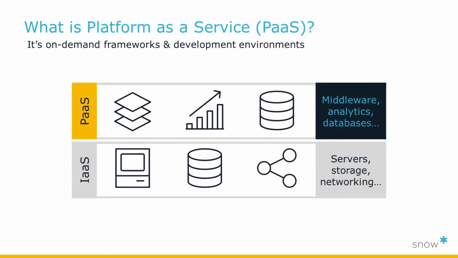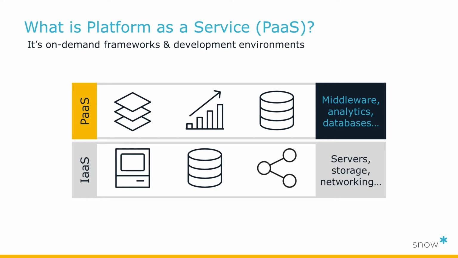Platform as a service, or PaaS, is generally considered to deliver frameworks for developers and app builders that they can then use to build and create customized applications. Like IaaS, PaaS includes infrastructure like servers and storage and network, and also includes middleware, dev tools, business intelligence services, databases, and more. And in this case, the provider manages all of these. The developer is responsible for maintaining and managing the applications themselves.